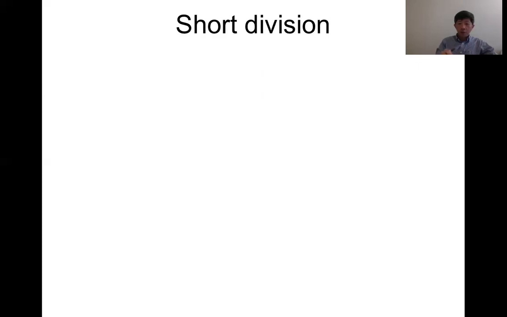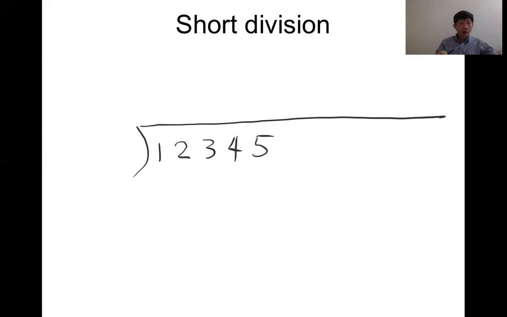Can we do more digits? Yes, we can, like with this problem, 23456789 divided by 3. If you use long division for this problem, you have to write a lot of things. But what about short division?